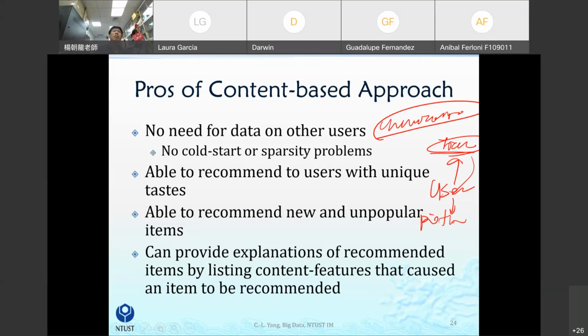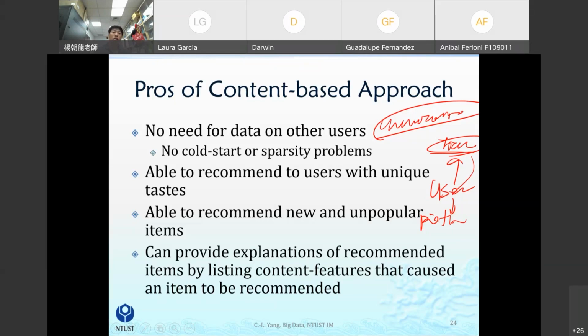So just for example, I bought very special coffee beans before. I probably like that kind of taste. And by using this content-based approach, they can tell, hey, this guy likes that kind of coffee. If that kind of coffee comes in, then you can recommend it to the customer.